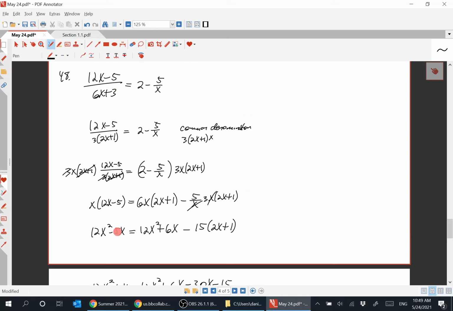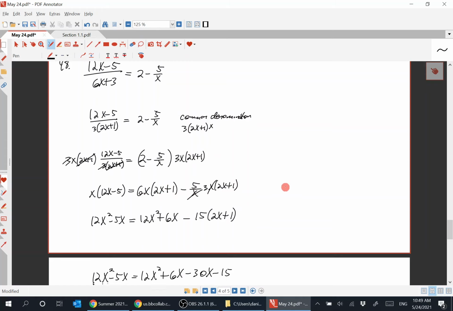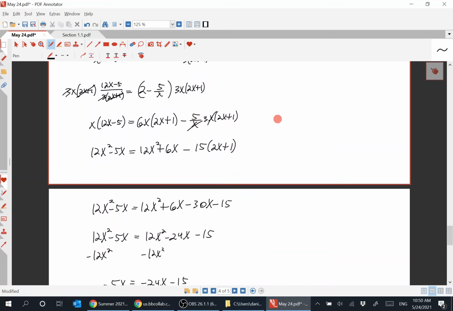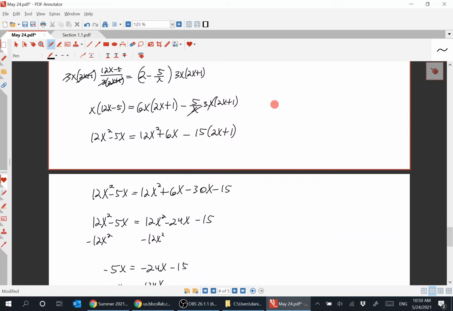So x times 12x minus 5. 6x, 2x plus 1. So that's 15 times 2x plus 1. 12x squared plus 6x. 30x minus 15.